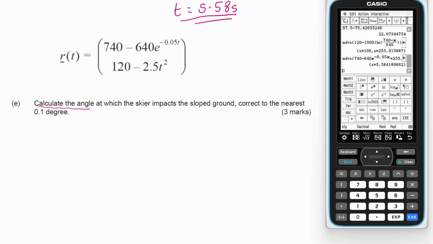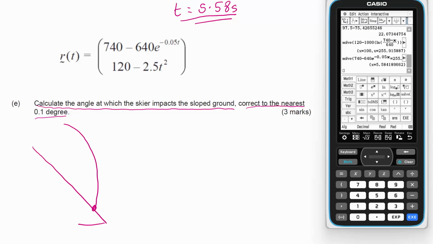We now want to calculate the angle at which the skier impacts the sloped ground, correct to the nearest 0.1 degrees. So if we think about the sloped ground here, we're going to come down and impact here. So we need to know the direction of motion of the skier. And then we're going to also need to consider the angle of the slope.